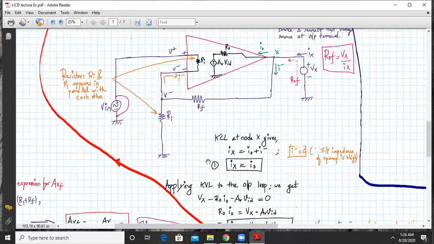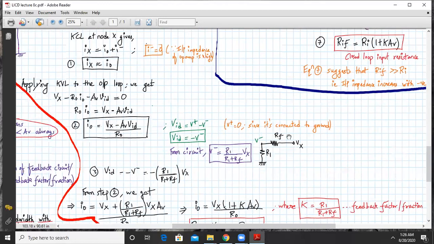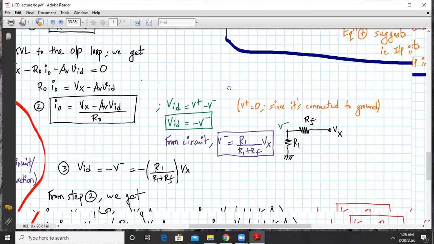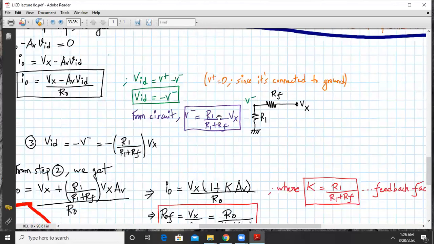From this circuit, can we relate the Vx and V minus terms over here? Yes, we can. So here I have drawn the circuit again, relating V minus and Vx. From the voltage division rule, we can write V minus is equal to R1 upon R1 plus RF into Vx.